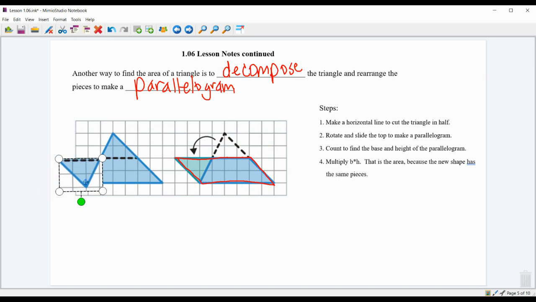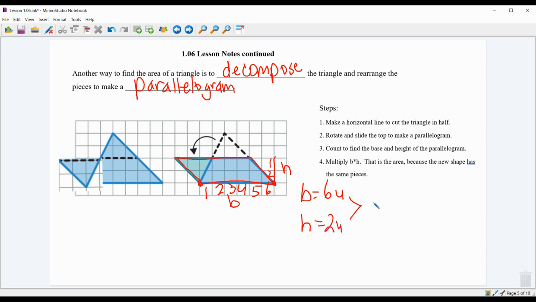And when you put those two sides together, you have this parallelogram, which, as you know, you need to find the base and you need to find the height. The base is from end to end, that line segment, 1, 2, 3, 4, 5, 6. So base equals 6 units and height equals 2 units.